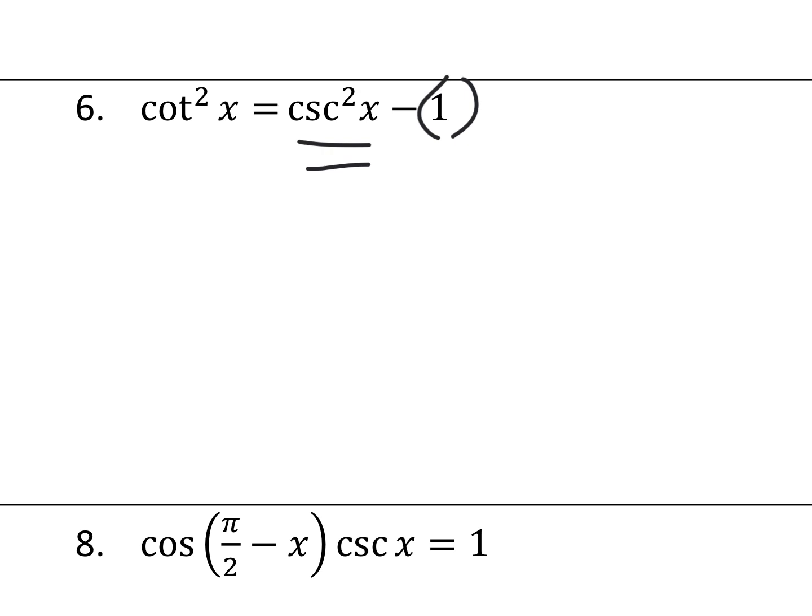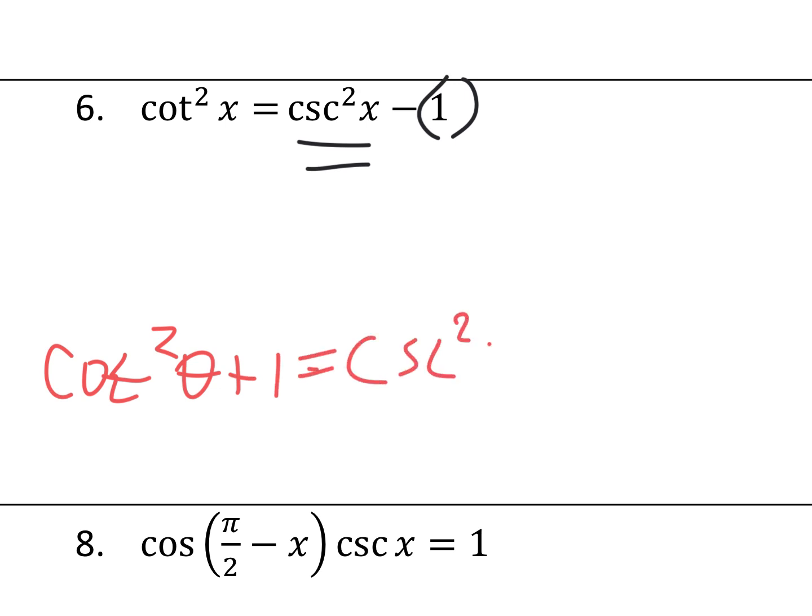Alex, can you read me the fact that has 1 and cotangent in it? Tan squared plus 1 equals... That doesn't have cotangent. Sorry, that's right. Cotangent squared plus 1 equals cosecant squared. Yep, that's the one. Now we need to rearrange it. I want to get the 1 alone so I can put in something for the 1. Jack Sexton, how do I get the 1 alone in this statement here?